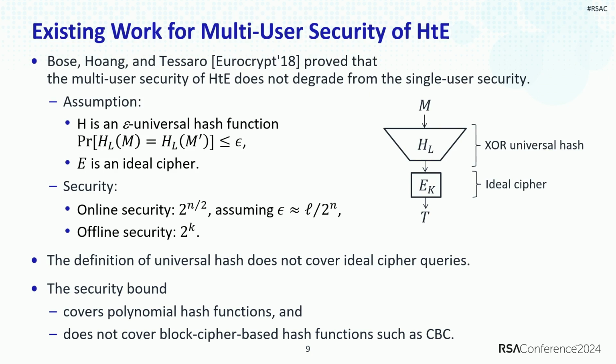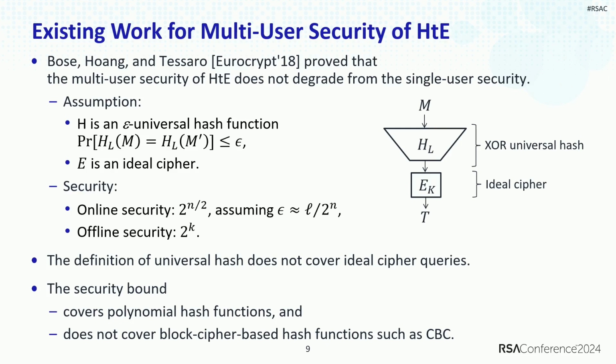They also assume that the underlying block cipher is an ideal cipher. With these assumptions, they prove that the online security is 2 to the half of n, and the offline security is 2 to k. So there is no security degradation.